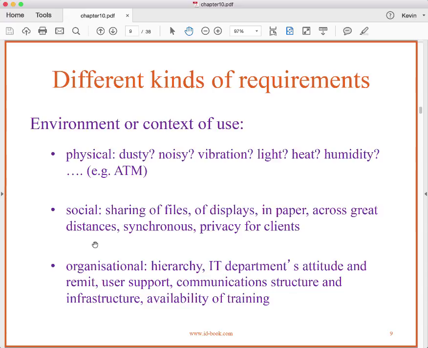More typically, we would say that the IT department has a charter.